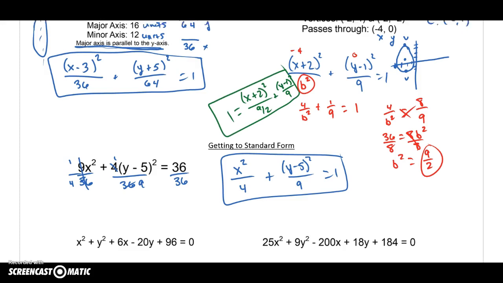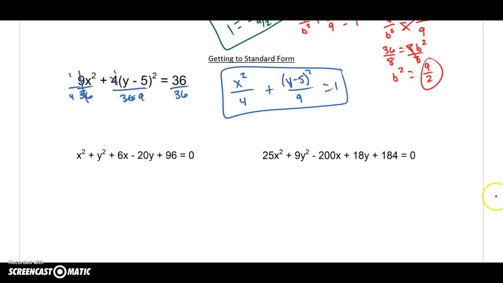So completing the square. This is general form, by the way. We're going to talk about that another day, but package your x's together. So x squared plus 6x, leave a blank. Notice that these are both 1, right? The coefficient for my squared terms. Package your y's together. So plus y squared minus 20y, leave a blank.